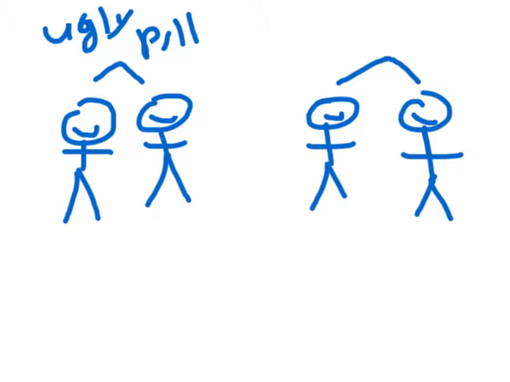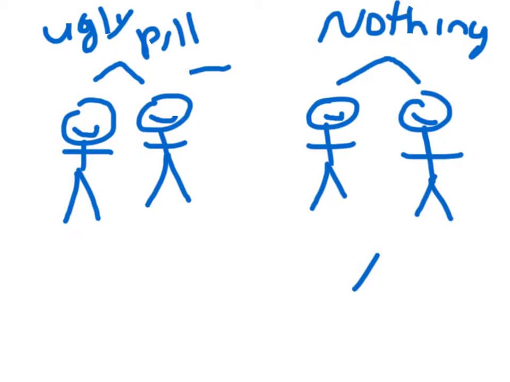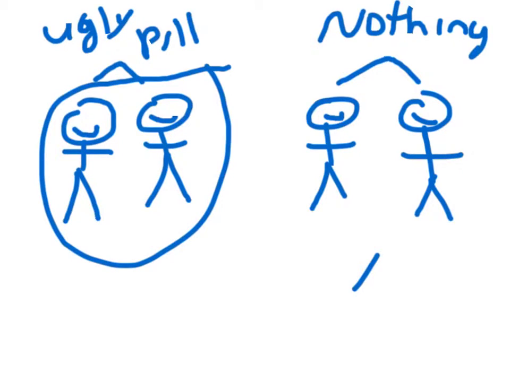And then these 2 kids over here, I'll give them nothing. I'll keep them the same. So the experimental group in this experiment would be the 2 kids I gave the pill to, because they're not the same; I'm experimenting on them. These other guys are the control group, because they're the same. I didn't do anything to them.